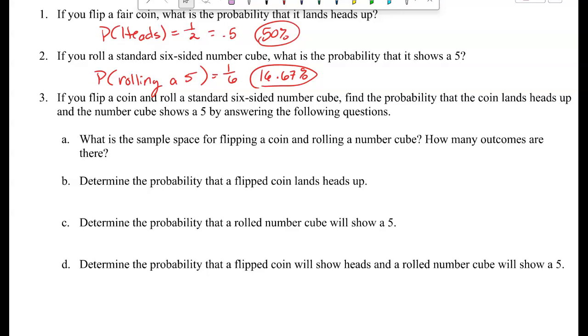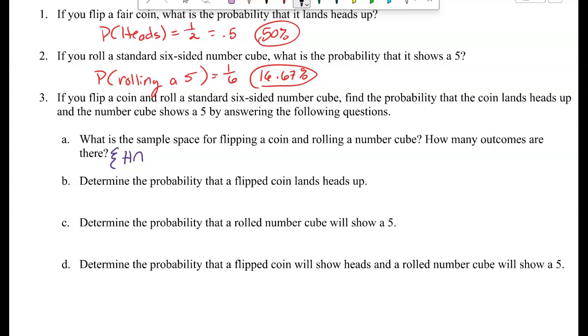We first have to get a sample space for this. H means heads, T means tails. 1, 2, 3, 4, 5, and 6 represent the sides of the fair die. Are we pretty good with that? So I want you to think about what could happen. I could have a heads, and I could also roll a what?